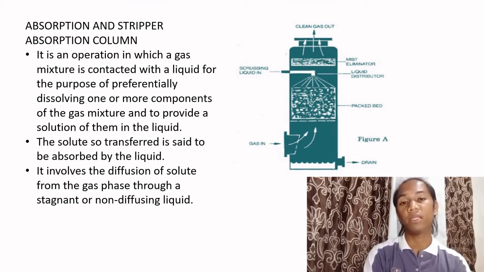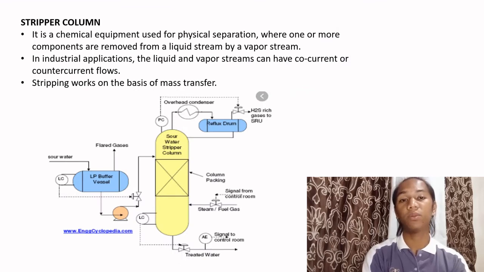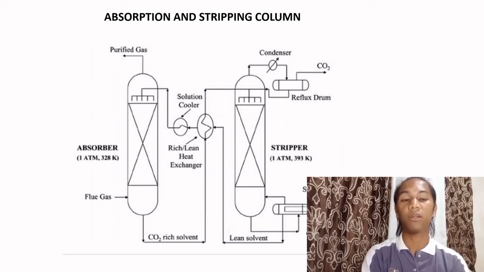So when we say diffusion, it is a process wherein molecules move from a higher concentration to a lower concentration. So the next type of distillation column is what we call the stripper column. A stripper column is a chemical equipment used for physical separation, where one or more components are removed from a liquid stream by a vapor stream.